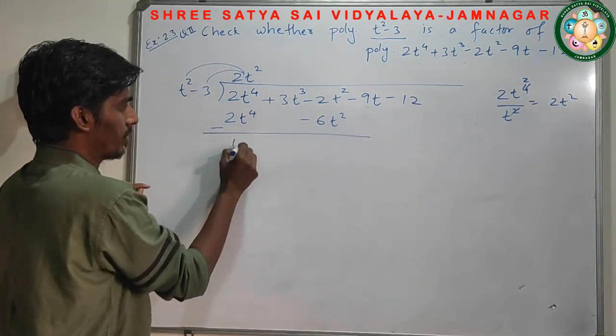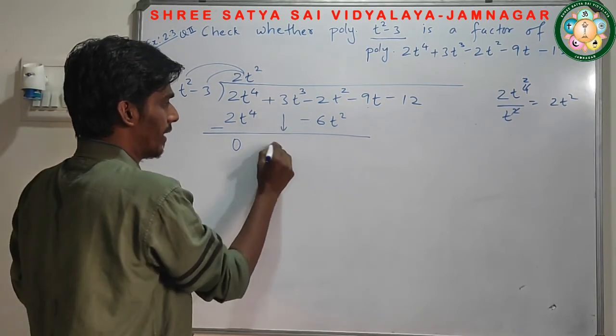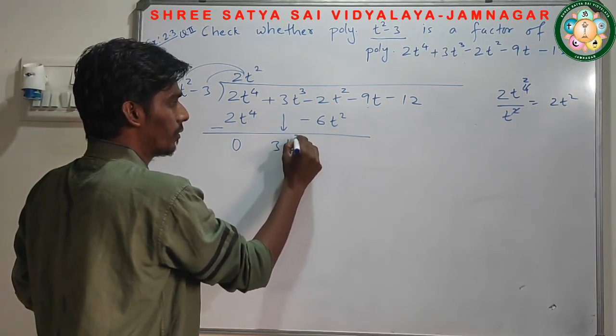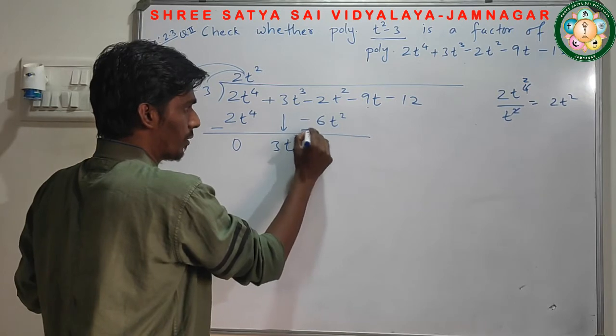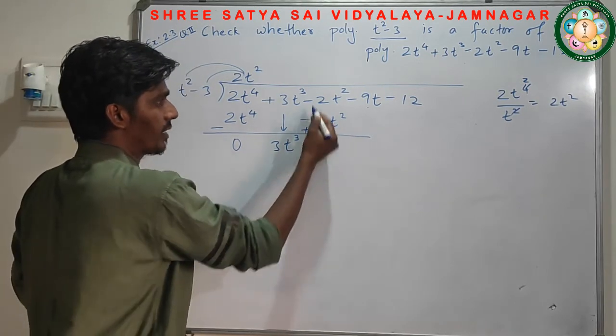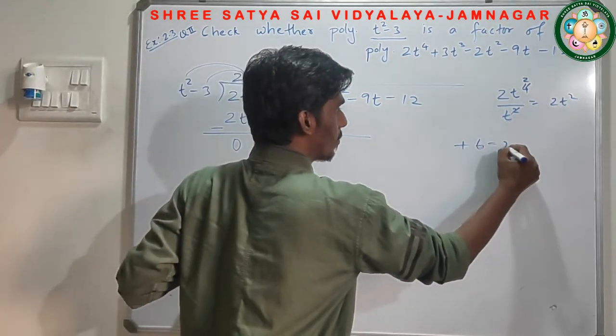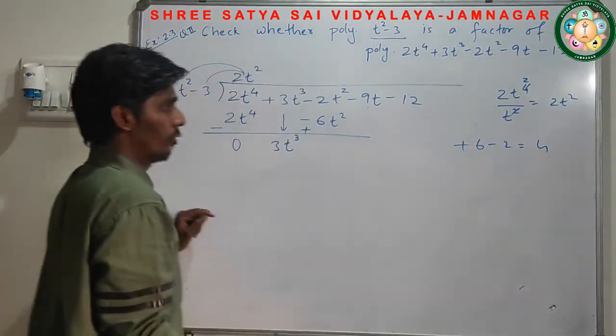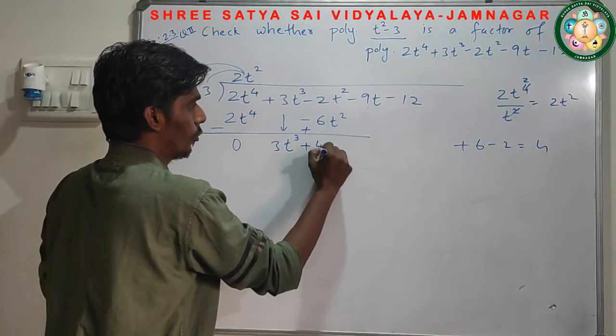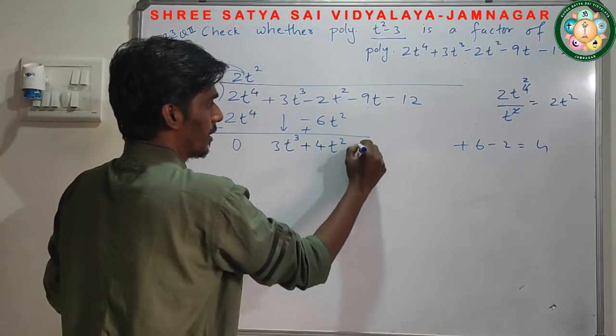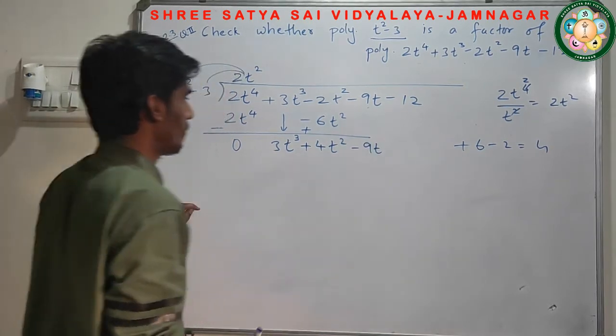Change the sign, minus 0. Take this term as it is, 3t cube, and this minus becomes plus. Plus 6 minus 2 is 4. So I'll write here plus 4t square. Take here minus 9t.